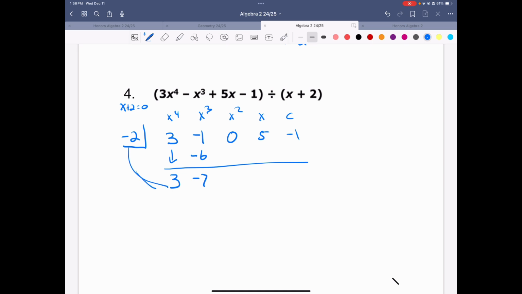Again, remember, I'm multiplying. Negative 2 times negative 7 is 14. 0 plus 14 is 14. Negative 2 times 14 is negative 28. Ooh, that's negative 23. 5 plus negative 2 times negative 23, that's 46. So I've got a remainder of 45.